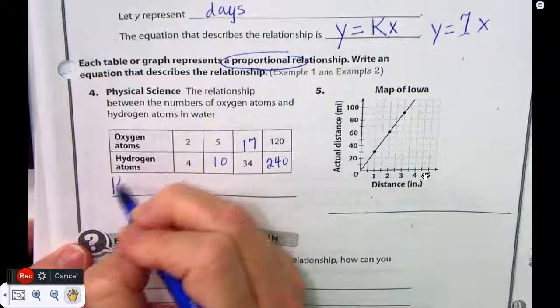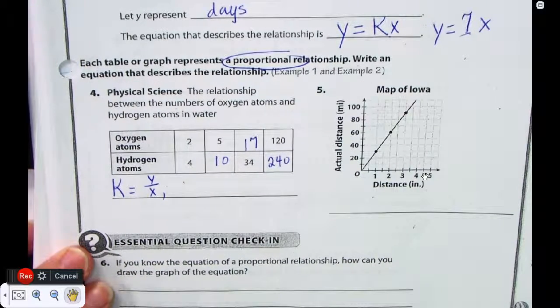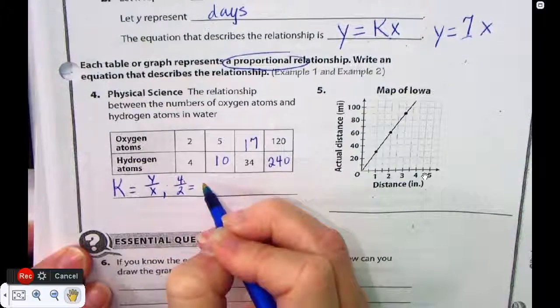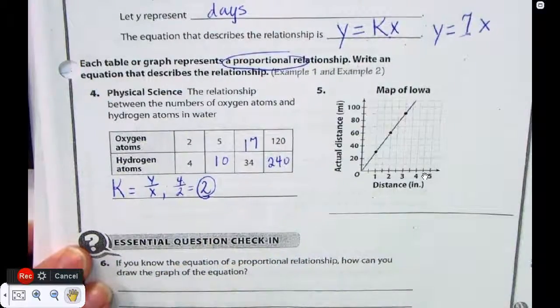Now, so we're going to go find K. Y over X. Y over X. David? So we're going to go 4 over 2, which is what? 2, which is your K. Does everybody see where we got K?